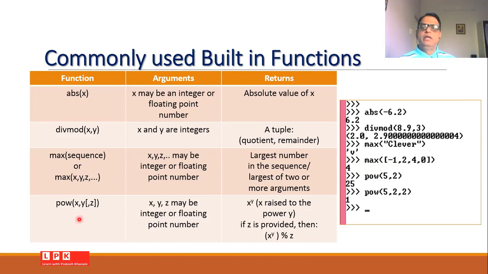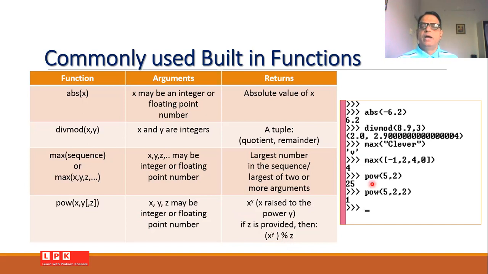Another function that is very commonly used is power, pow(x, y, z), where x, y, and z can be integers or even floating point numbers. When x and y are provided, we will get the value x raised to the y. z is optional, but if z is provided, then we will get the value x raised to the power y, modulo division z.